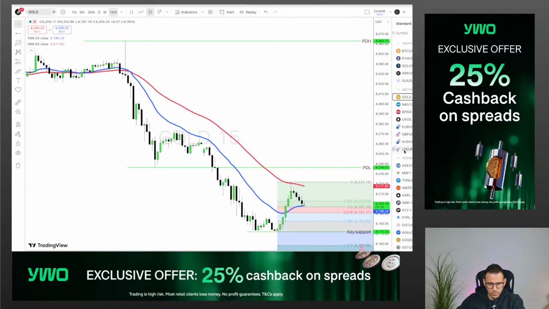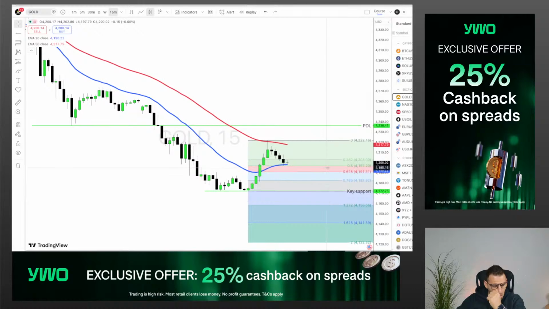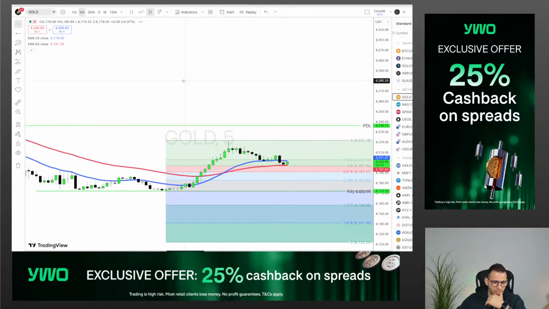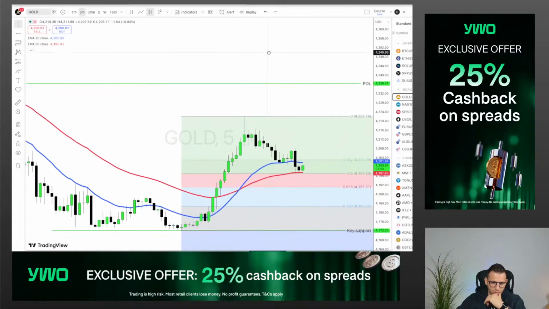Gold. Gold finds support here on the 20. Now the price is trading between these two. Of course, from this time frame, there is more bearishness here, but I still believe that there is something more on gold.